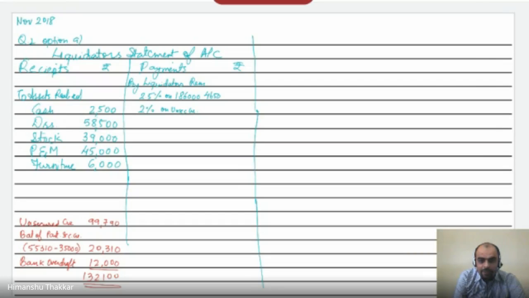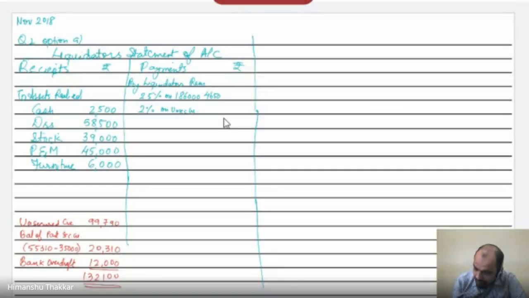So can you just check the amount that you have in your hand right now? The total of the receipt side.